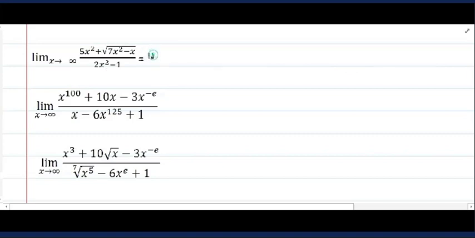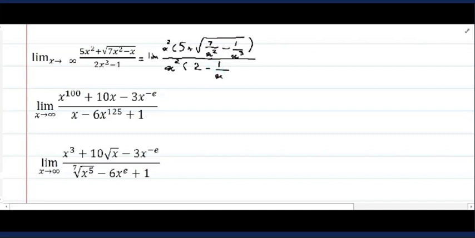So it will be the limit of x^2 times (5 plus the radical of, with x^2 factored out so it comes inside as x^4, 7 over x^4, minus x over x^4, which is 1 over x^3, and from the x^2 I will factor out minus 1 over x^2.